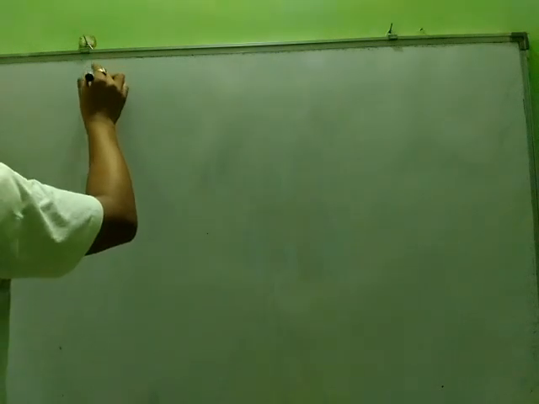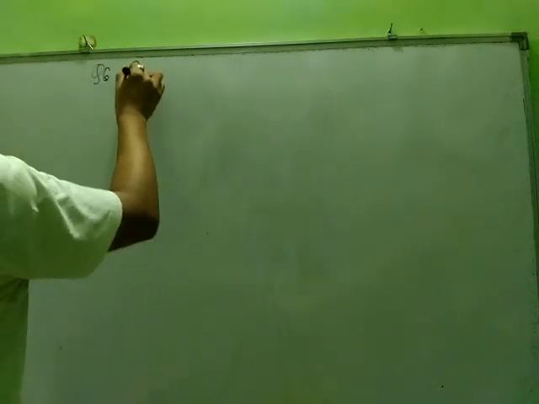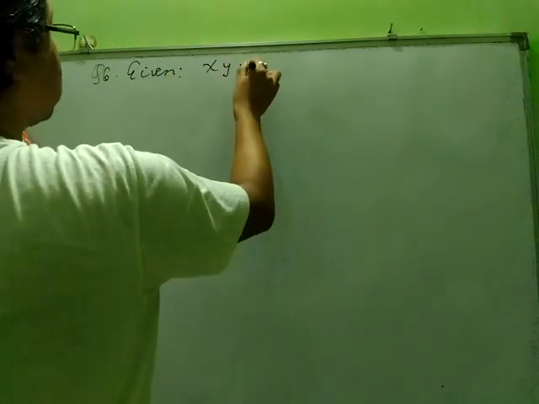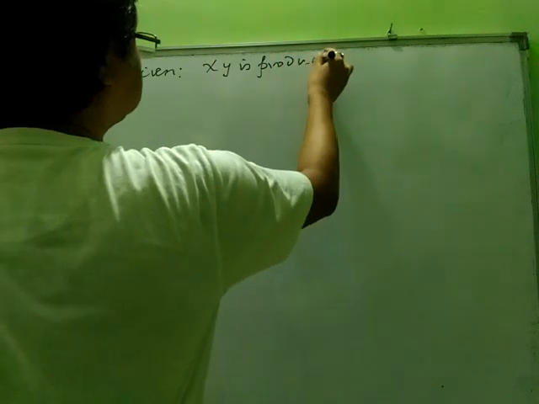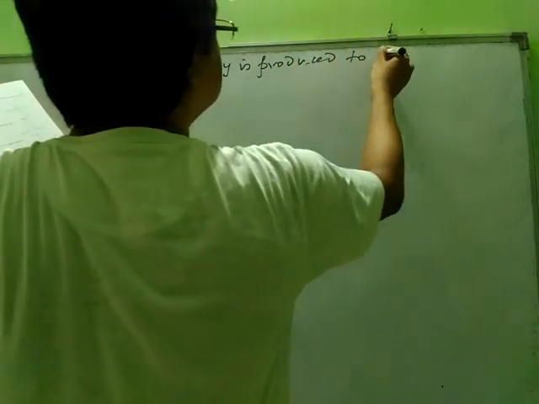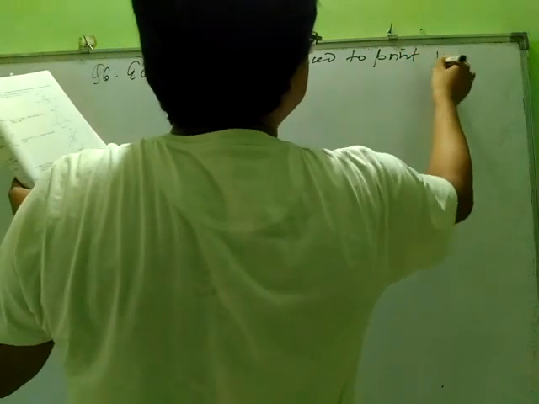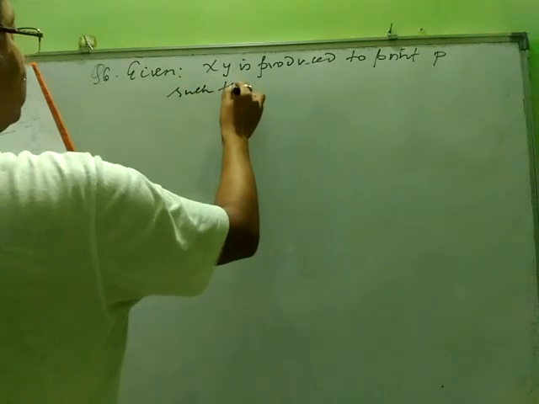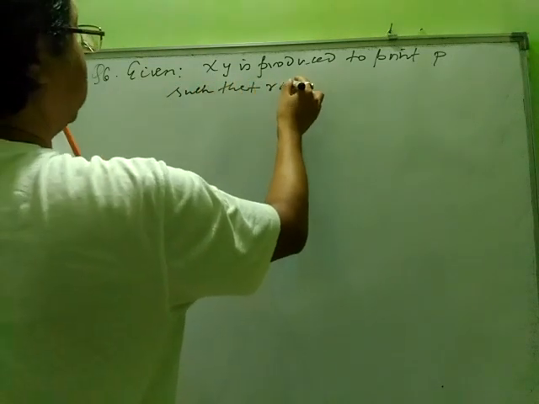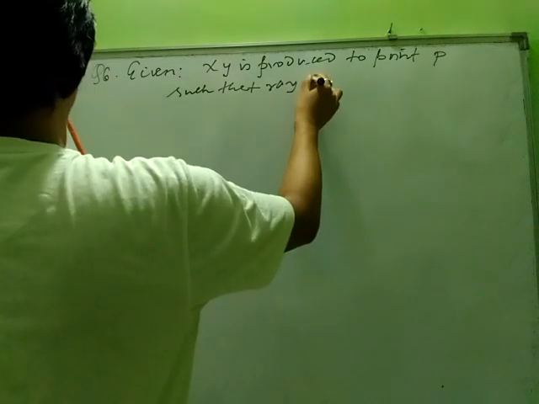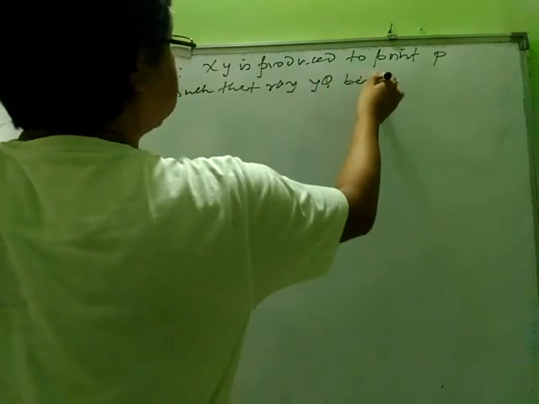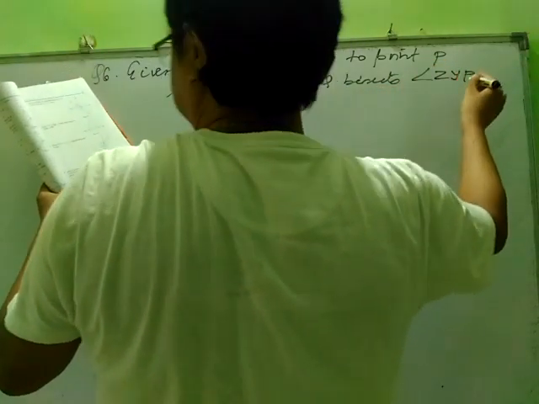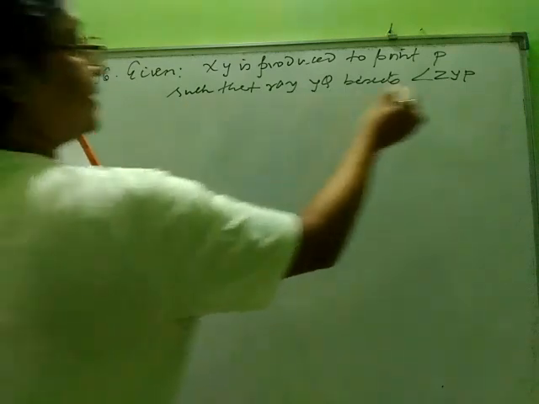The last sum, question number 6. It is given that XY is produced to point P such that ray YQ bisects angle ZYP.